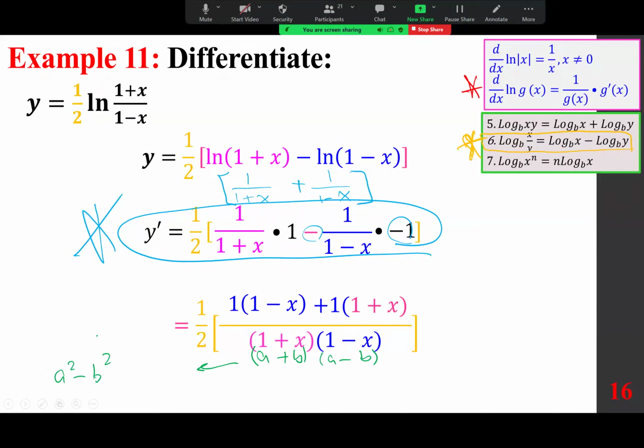So 1 squared is 1 minus x squared. The numerator is 1 minus x plus 1 plus x. So the numerator simplifies simply to number 2. Number 2 and 1/2 cancel each other. So the numerator simplifies to just 1, and the final answer becomes 1 over 1 minus x squared. And that's the final answer.